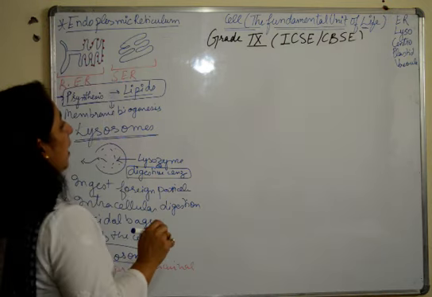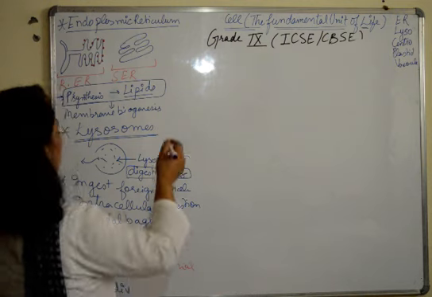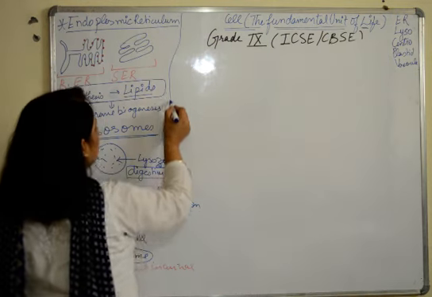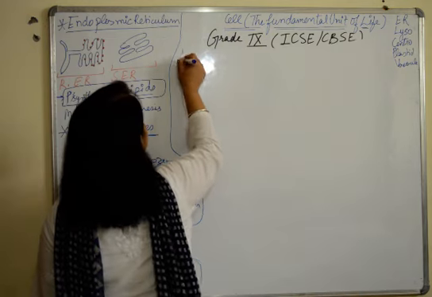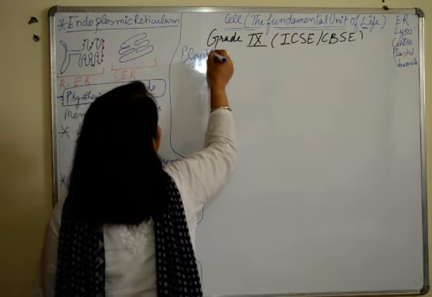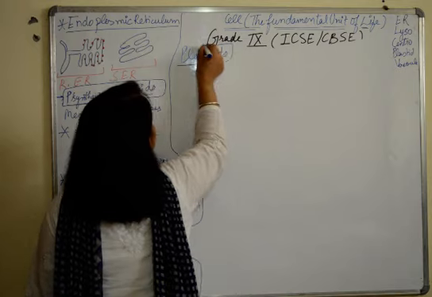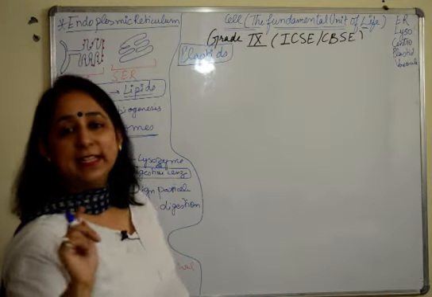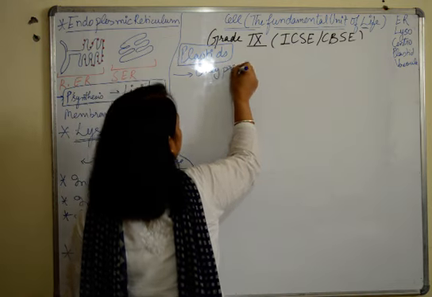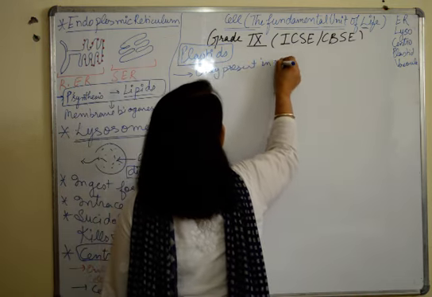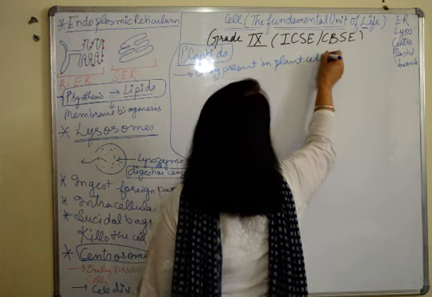Then we have our next cell organelle. We need some space for it because it has types which we are going to discuss. That is plastids. Again, as centrosome is only present in animal cells, plastids are only present in plant cells.